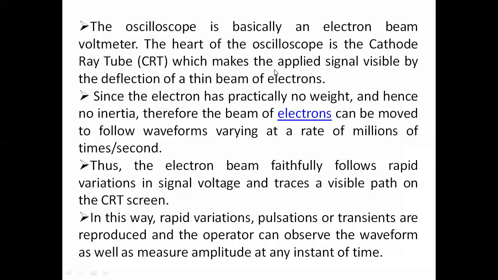The voltage applied on the deflection plates creates charges which make the movement of the electron beam. How that happens, we will see in the detailed structure of the CRT, and how it deflects with respect to the horizontal and vertical deflection plates in the coming classes.